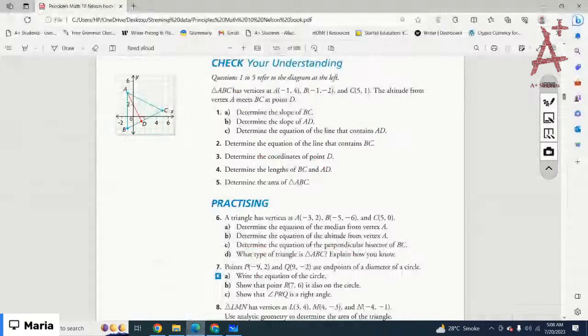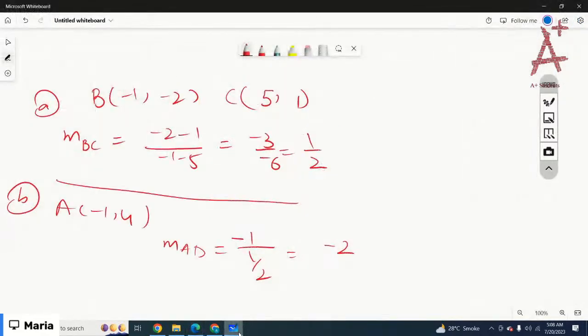Determine the equation of the line that contains AD. The slope is -2. It would be y equals mx plus b.